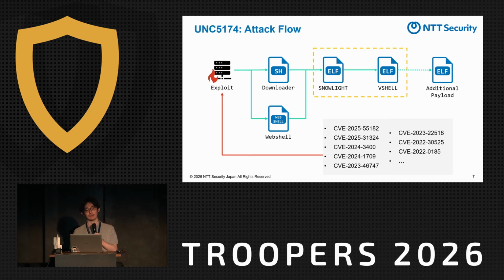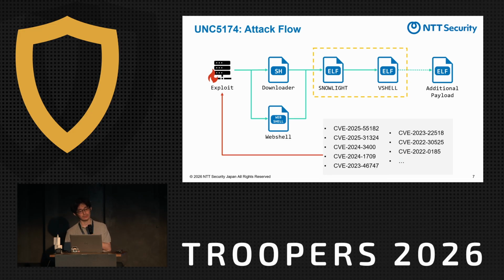Okay. Here is a typical attack flow. First, they exploit a vulnerability and place a downloader or web shell in the target environment. For example, they have exploited vulnerabilities in various products, including GlobalProtect, ScreenConnect, and BIG-IP. Then they use the downloader or web shell to execute a malware called SNOWLIGHT. SNOWLIGHT is a stager for VShell.